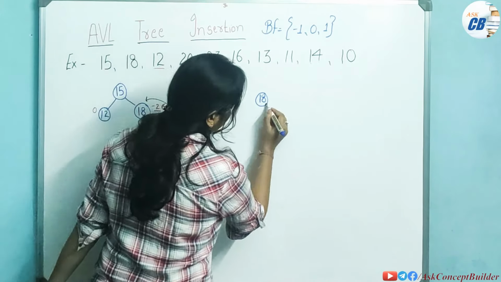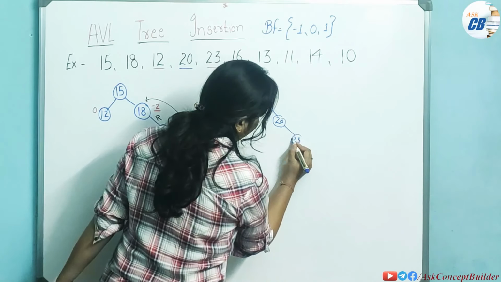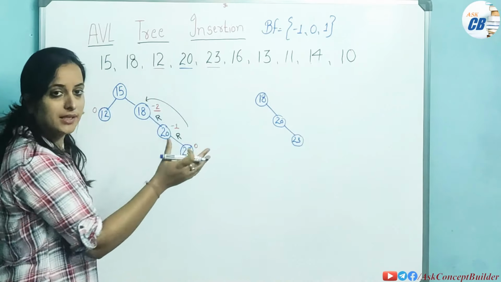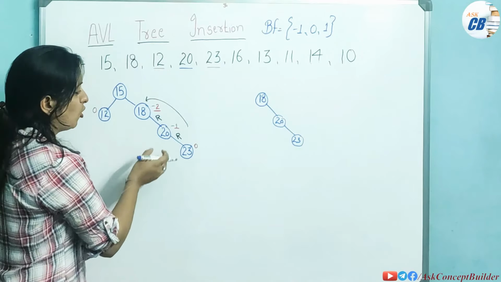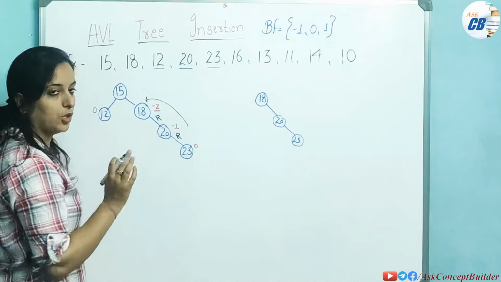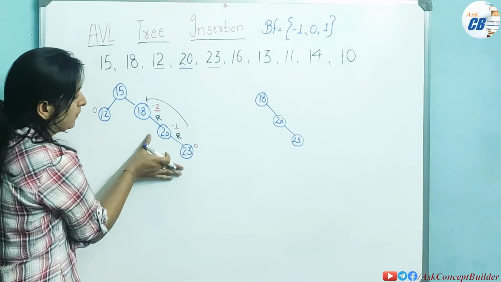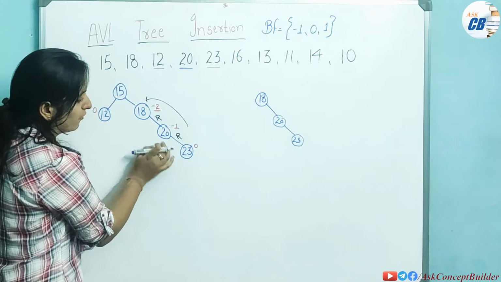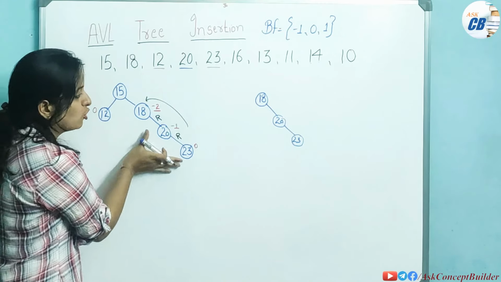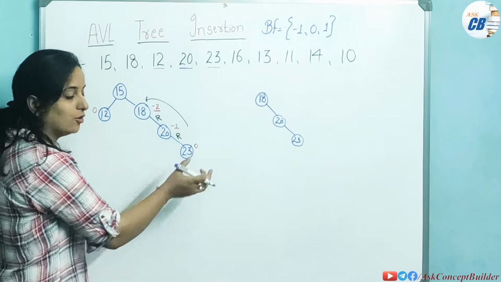So this is your 18, 20 and 23. If you do it like this, you will not get confused in this whole big tree about what you are doing. You know the problem is because of these three only, so you will take them aside, perform rotation on them, and then bring them back.